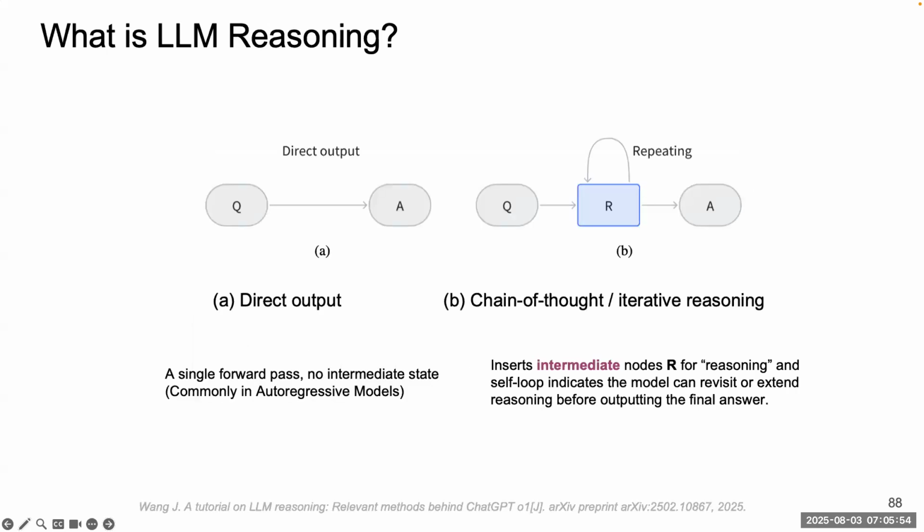So that's the general idea of reasoning. One view of defining LLM reasoning is that it differs from direct output, which just gives you an answer. Reasoning-based generation from the language model, shown on the right-hand side, is chain of thought or iterative reasoning. You can also have other techniques like graph of thought or tree of thought.